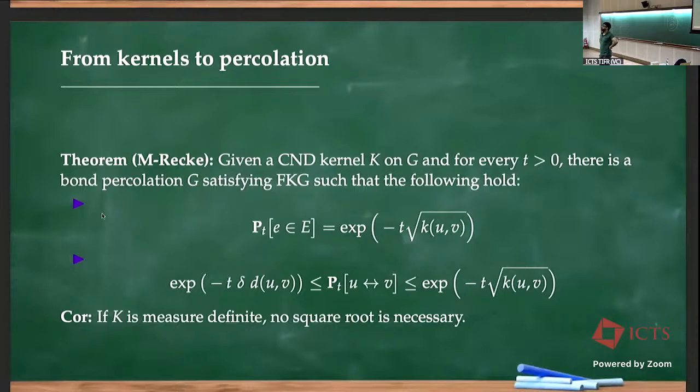I'm saying, suppose you have a Cayley graph, there is an invariant version of this theorem as well. It says that if you have a finitely generated group, then, I'll go to the theorem in the next slide, there exists a percolation on the Cayley graph.